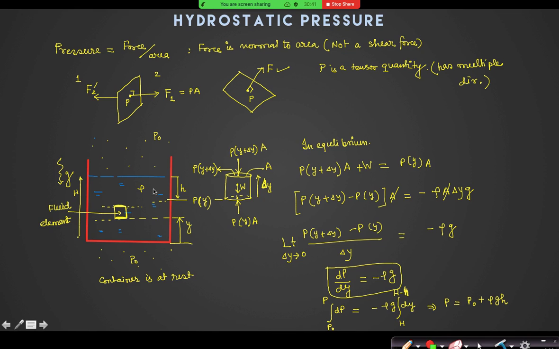If y is from the top, towards downward, then dy also has to be towards downward. So you can also take that. Then the lower pressure will be P of y plus delta y and the upper pressure will be P of y. In that case, your dp by dy will be positive, because as y increases, the pressure will also increase. Right? No problem. You can also assume it that way.